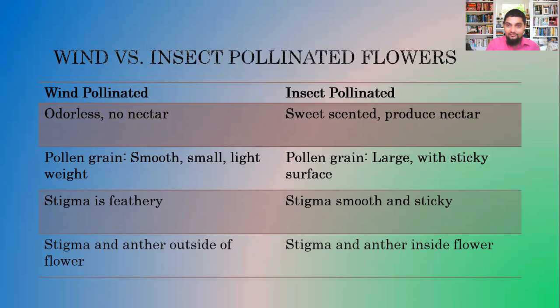On the other hand, for the insect-pollinated flower, the stigma and the anther are usually found within the petals, or inside of the flower. That is because when the insects go inside the flower, they will touch these parts, they will touch the anther, and the pollen grains will get onto their body. And when they leave the flower, they will leave along with those pollen grains and take them to another flower.